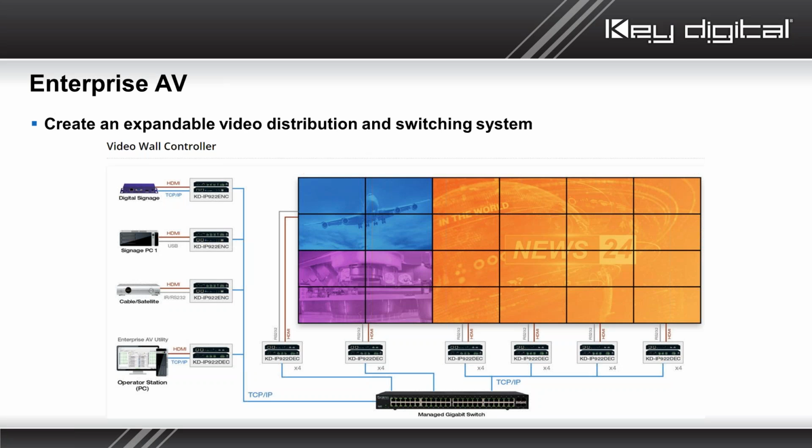Or with the IP922, it's very dynamic because you have various means of configuring your video wall, whether by software or a third-party control system or the KD app or the Compass control system. You could even break the primary video wall into different subsections. Again, just one IP922 decoder needed per display.